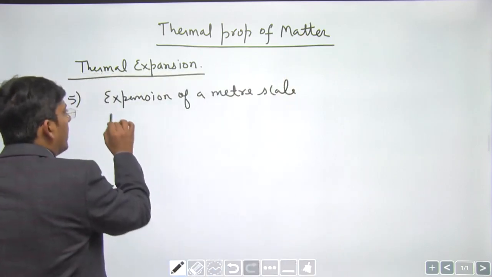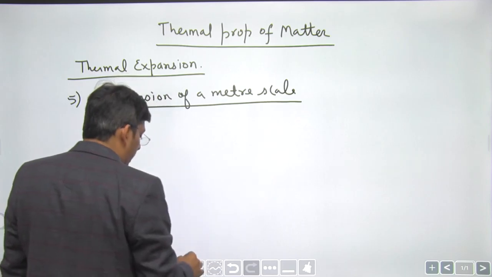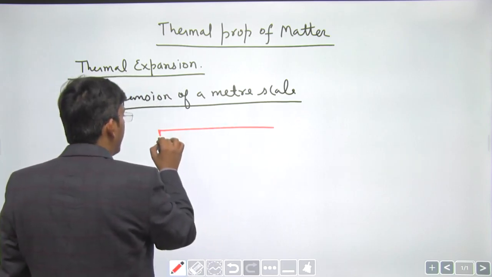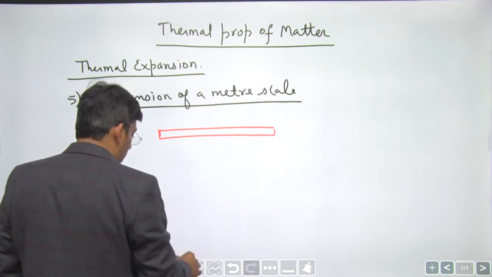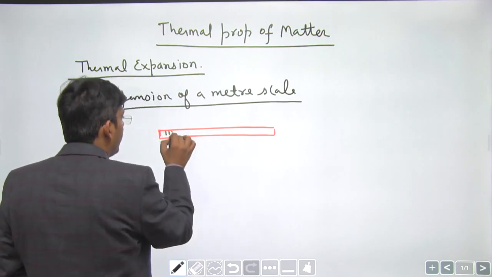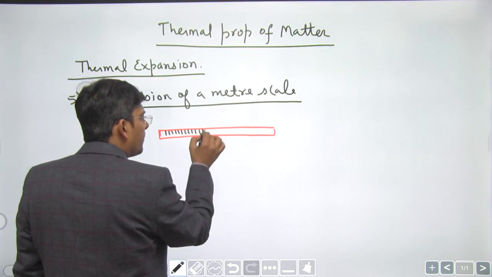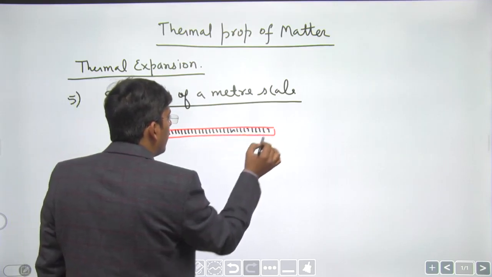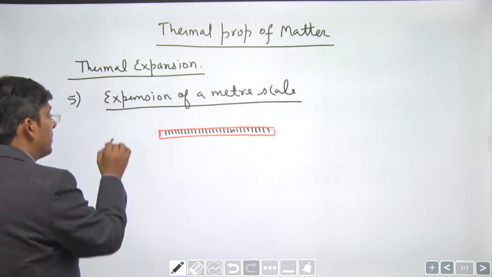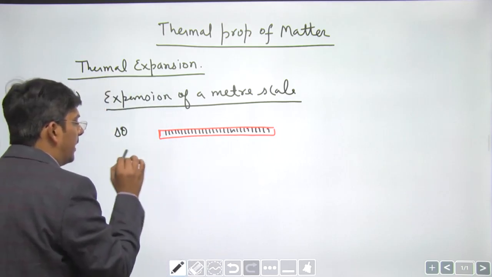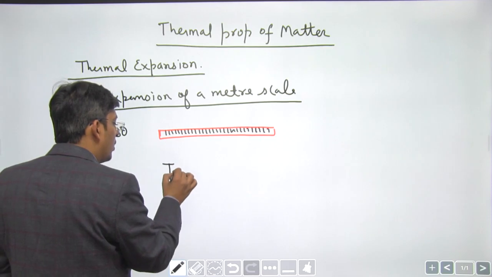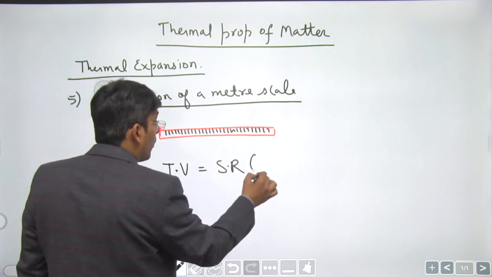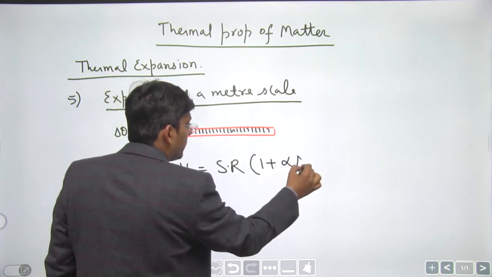So whenever you have a meter scale, I am going to tell you a beautiful formula. When you have a meter scale used to measure length, dear students, if it is calibrated at some temperature but you increase or decrease the temperature by an amount delta theta, then keep in mind that the true measurement is equal to the scale reading times 1 plus alpha delta theta.